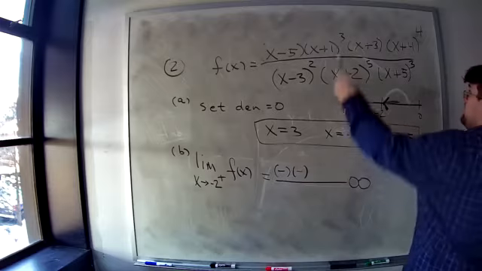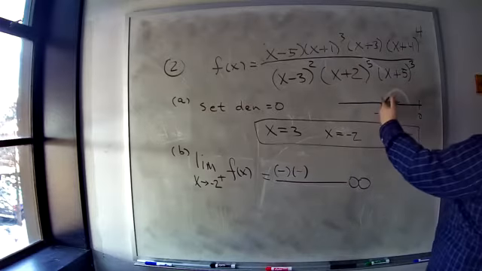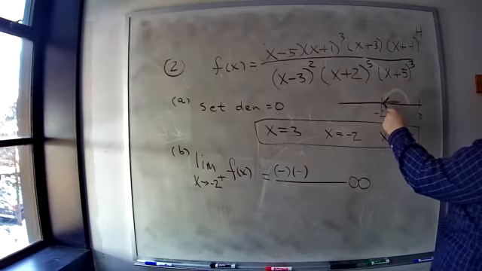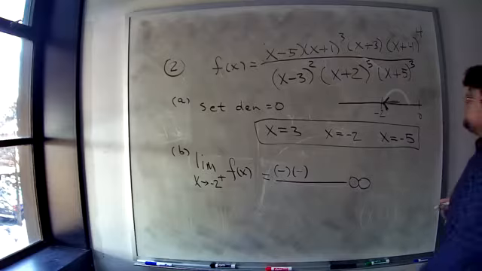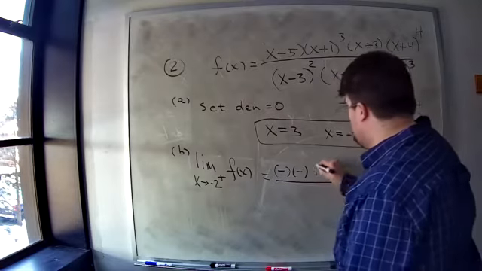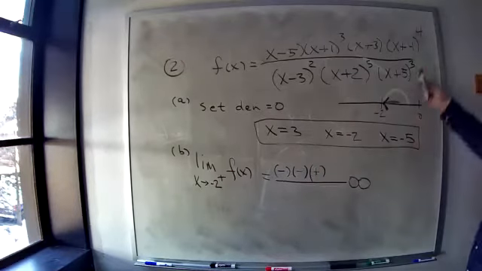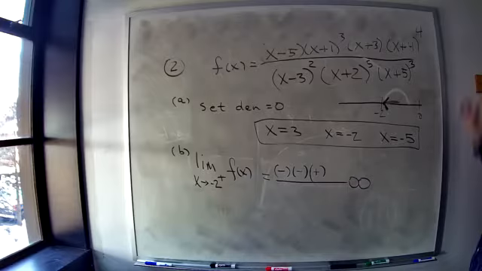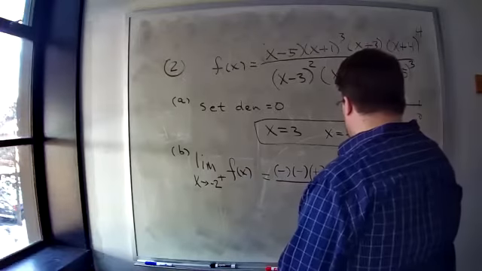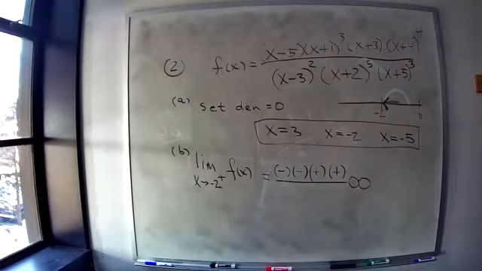So numbers to the right of -2 into x plus 3. Numbers to the right of -2 plus 3, well, that's going to get to the other side of 0, making a positive. This next term is raised to the 4th power, so it doesn't even matter what sign we get on the inside. Anything to the 4th is positive.